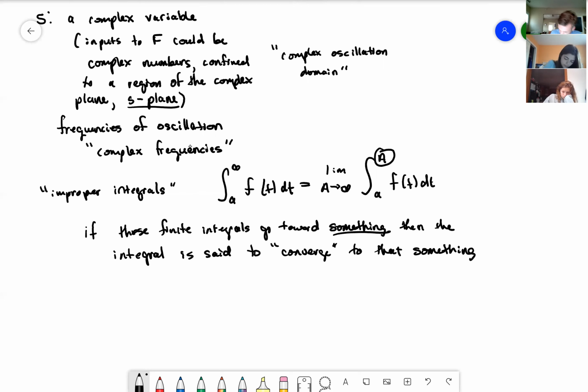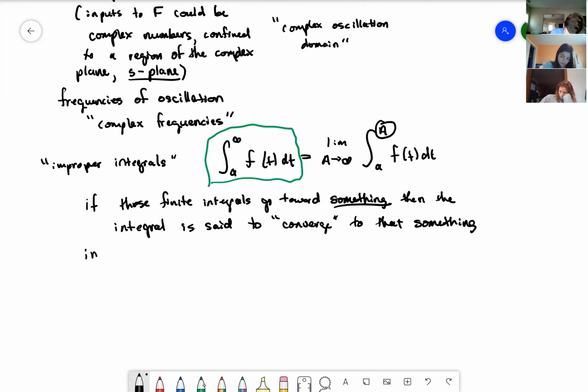In which case, we say that this improper integral has a value. We assign a value to it. This collection of symbols and letters and numbers, we say that it has some kind of number as a meaning, and it's whatever this limit converges to.